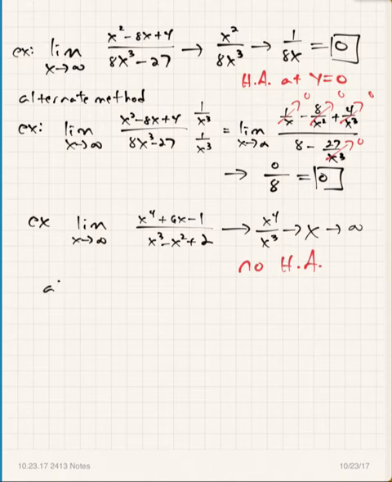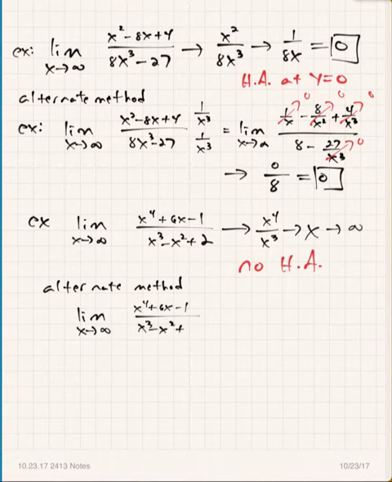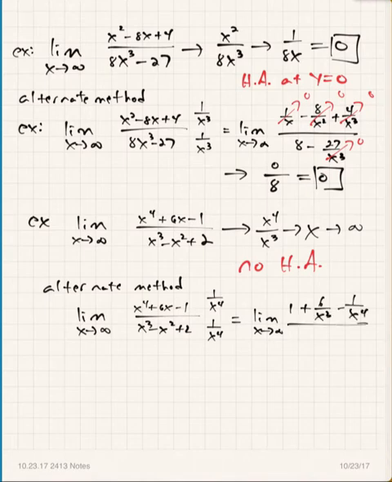With the alternate method, you're dividing everything by x to the 4th, because that's the largest power of x. So you're going to have 1 over x to the 4th on top and bottom. When you do that, you get the limit as x goes to infinity of 1 plus 6 over x cubed minus 1 over x to the 4th, all over 1 over x minus 1 over x squared plus 2 over x to the 4th.